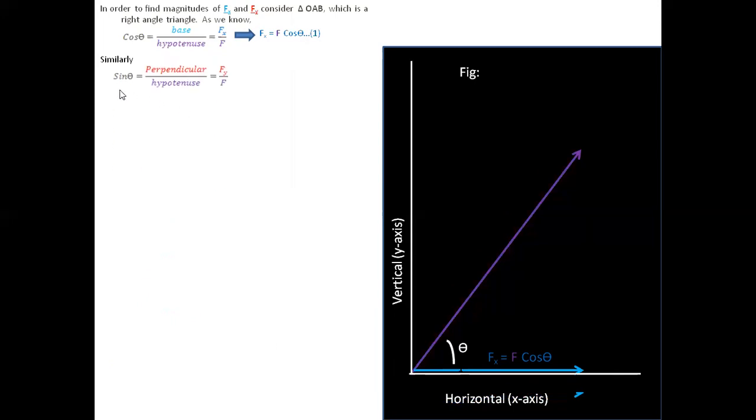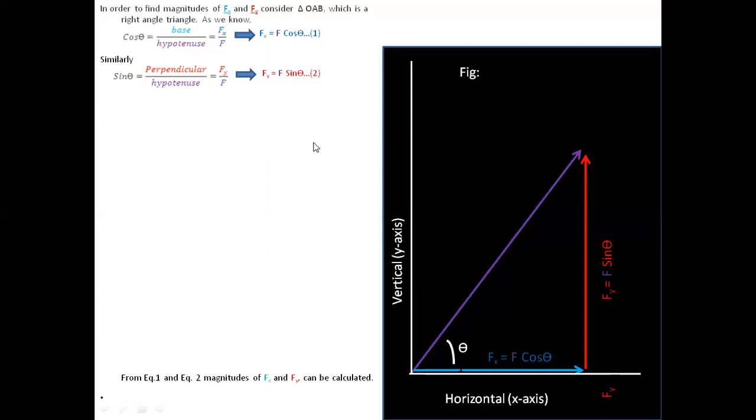Similarly, for the vertical part which was over here, we take sine, and sine means perpendicular over hypotenuse, where perpendicular was Fy and hypotenuse was F. So we rearrange it, we get Fy is equal to F sine theta. That means this part can be represented as Fy is equal to F sine theta. We call it equation number 2.